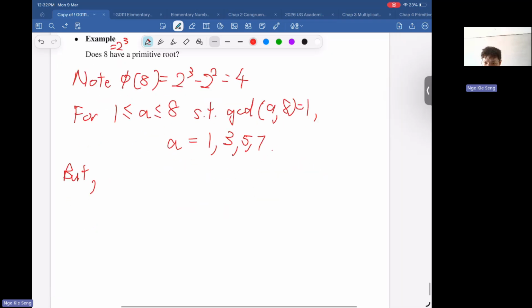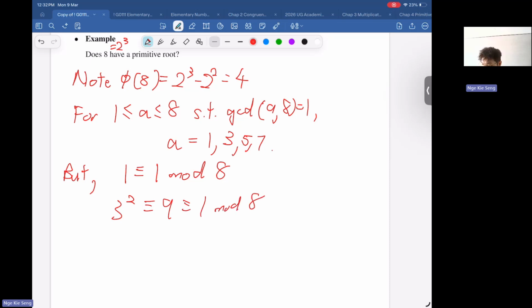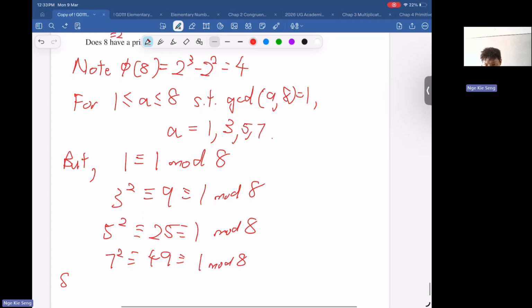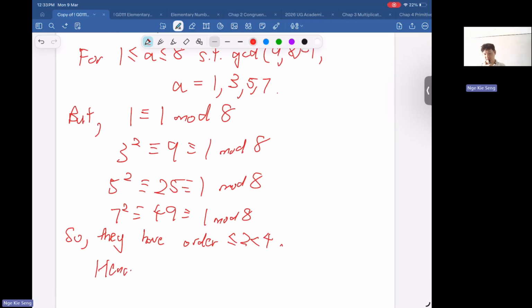Very quickly you can compute that 1 is 1 mod 8 already returned to 1, 3 square already returned to 1, and then 5 square also returned to 1, and then 7 square also returned to 1. So meaning what? They actually have order less than or equal to 2, which is strictly less than 4. Okay, so there's no primitive root of 8.